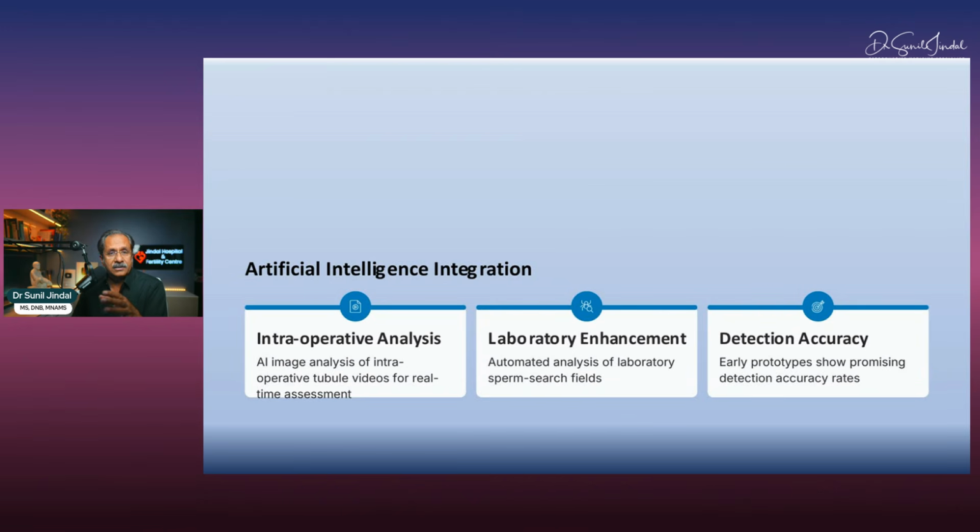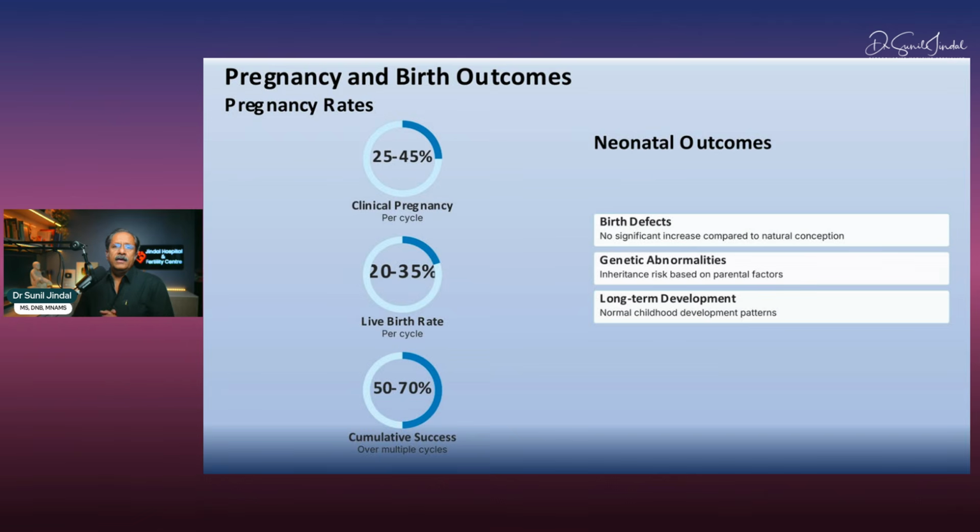Intraoperative analysis could be done by AI imaging, which will be better, I mean, faster. Laboratory enhancement can be done by automated analysis of the specimen, and detection accuracy may increase. Now, one thing is very simple: you could get a pregnancy rate of 25 to 45% in them. You could get a 20 to 35% live birth rate.